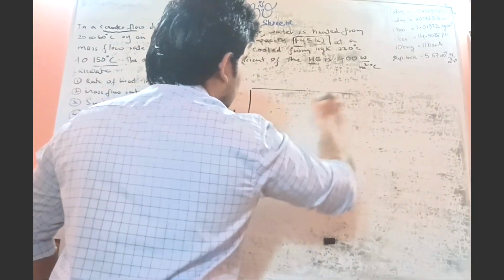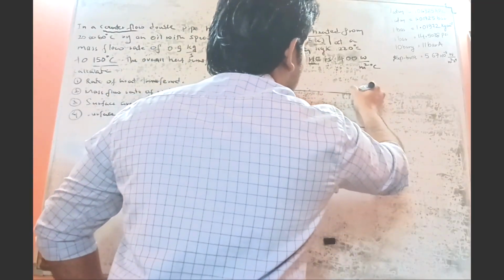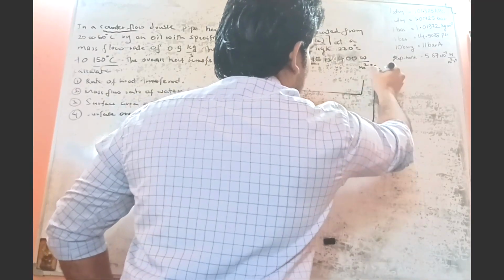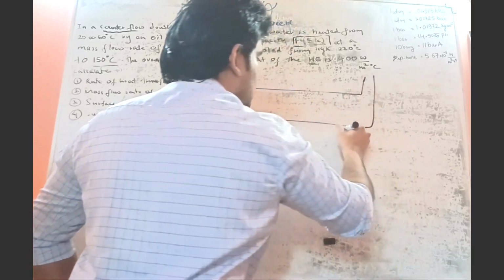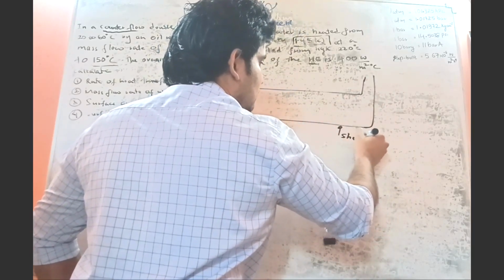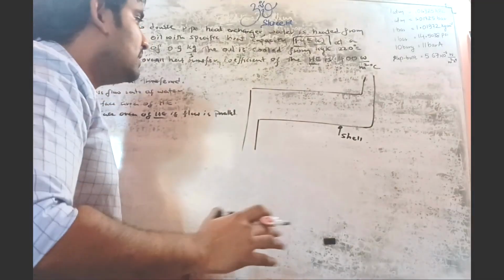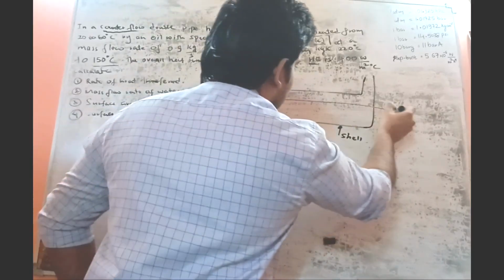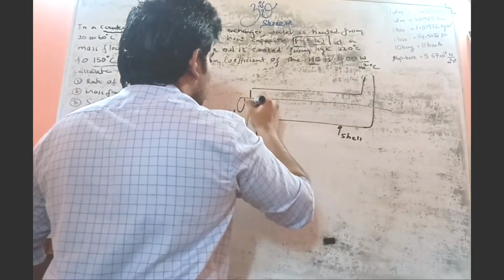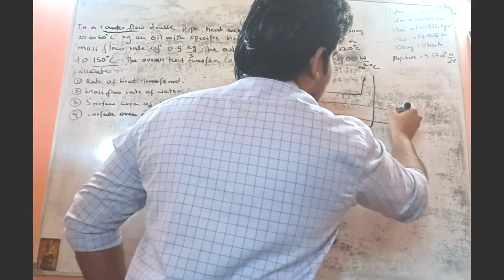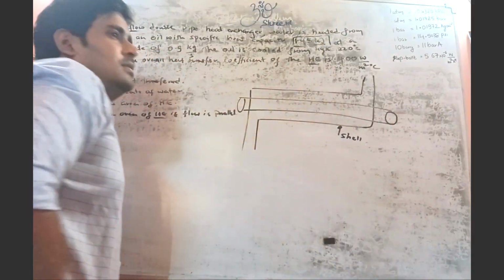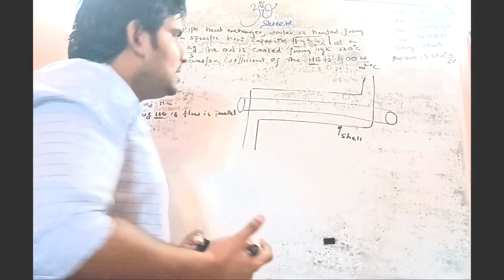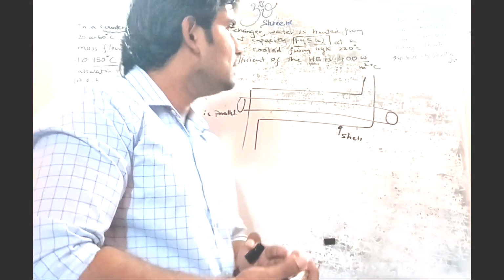Just a simple layout. This is the shell, the shell-like thing, and from this side we have the tube. So let's say the hot fluid enters from the right end.